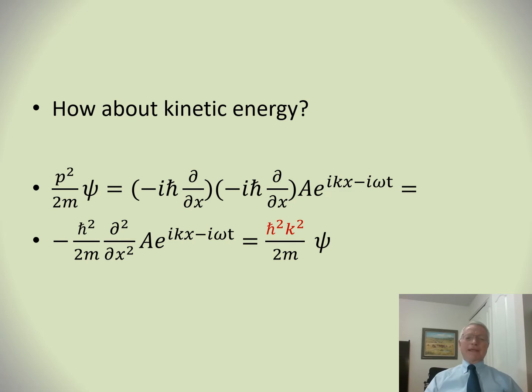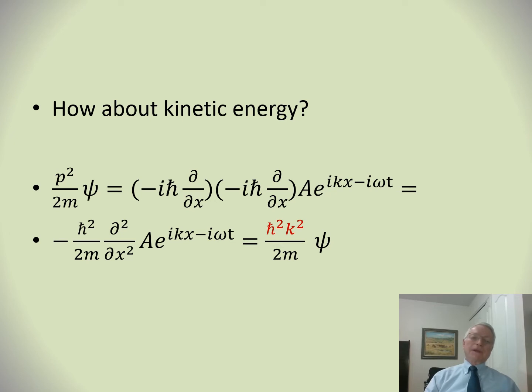Okay, well, what about kinetic energy? What does kinetic energy look like in quantum mechanics? Well, kinetic energy is not 1/2 mv squared because v doesn't show up in quantum mechanics. Energy is p squared over 2m. That's the momentum way of writing the kinetic energy.